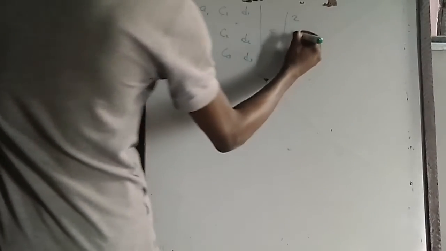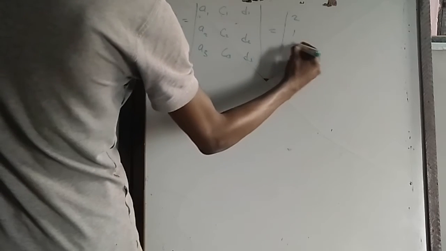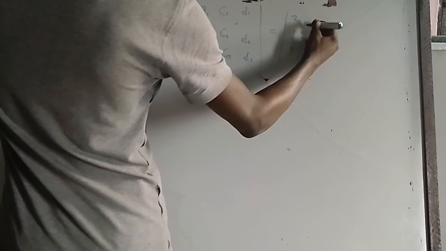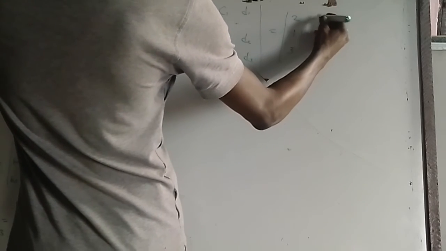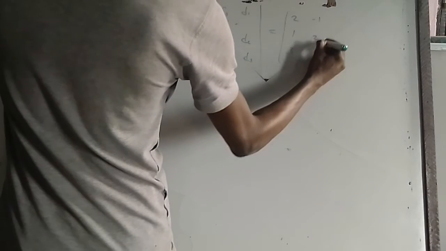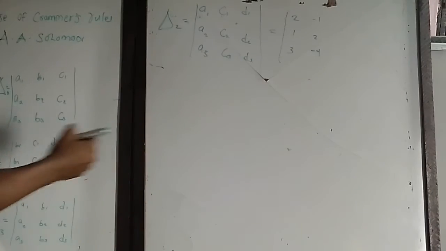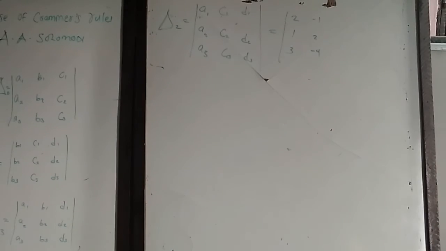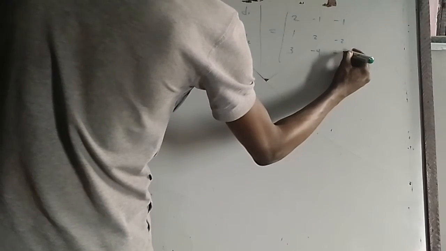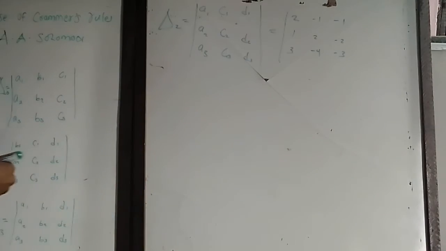Our A1 is going to be 2, 1, 3 from the question. Then you are going to have minus 1, 2, minus 4. Then you are going to have minus 1, minus 2, minus 3. Do you understand?